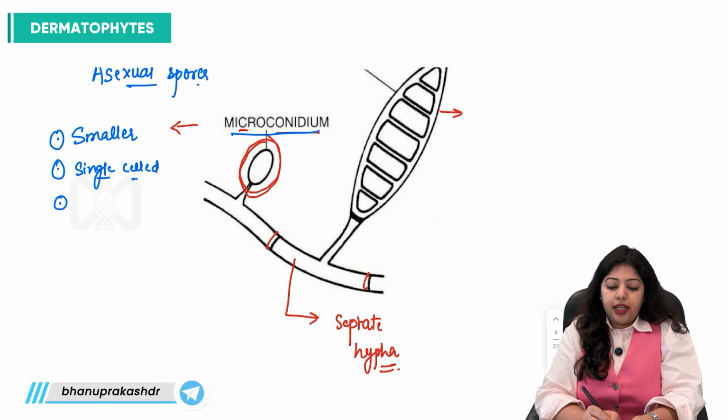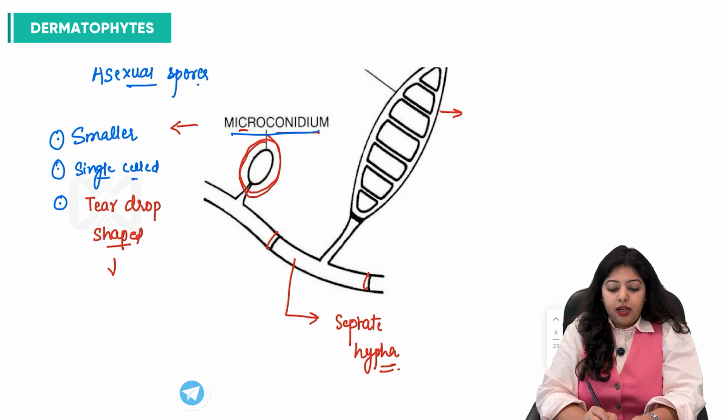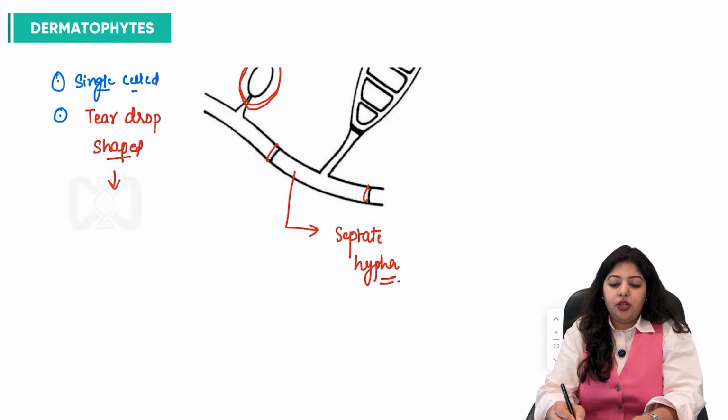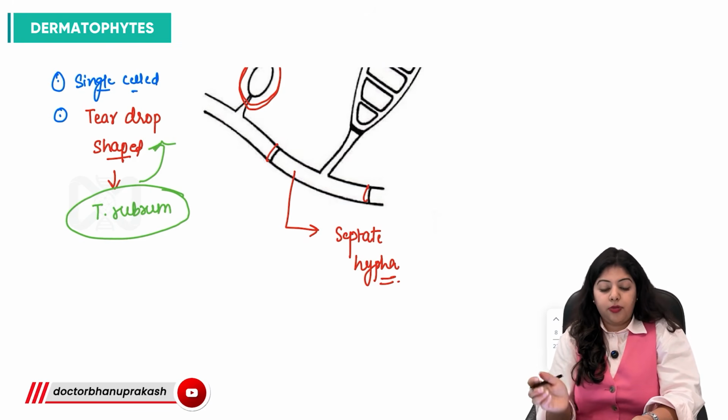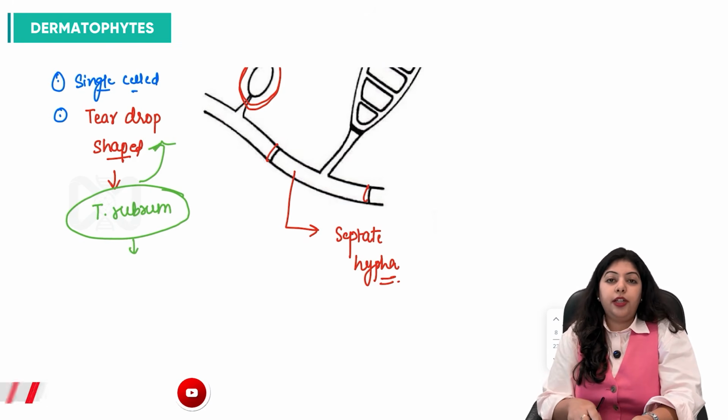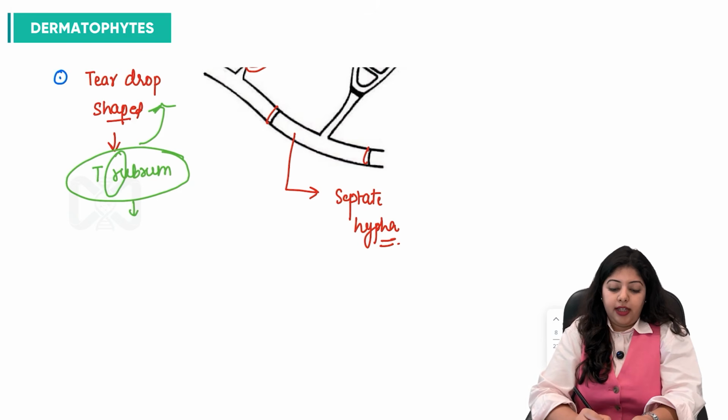A question which gets asked is about the teardrop-shaped microconidia, which is a key specific feature of a species of Trichophyton, that is Trichophyton rubrum. It has teardrop-shaped microconidia, and this Trichophyton rubrum stands for red.